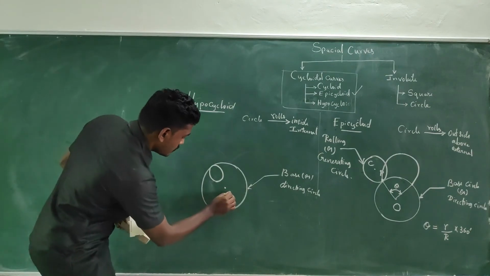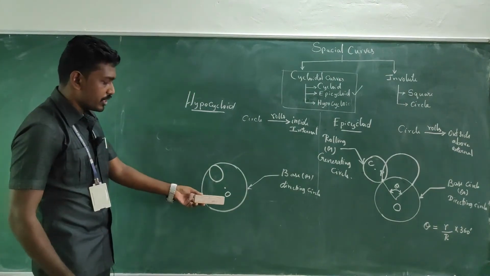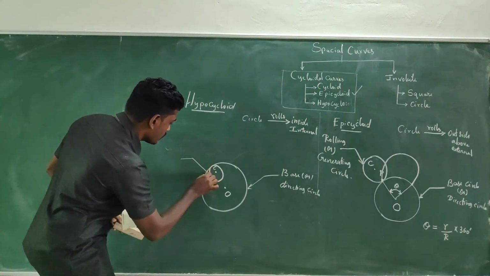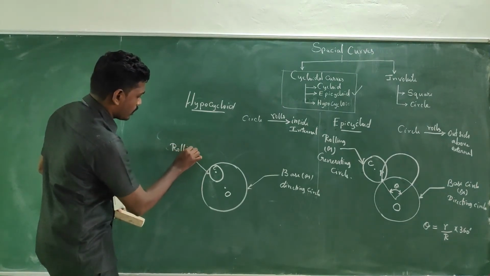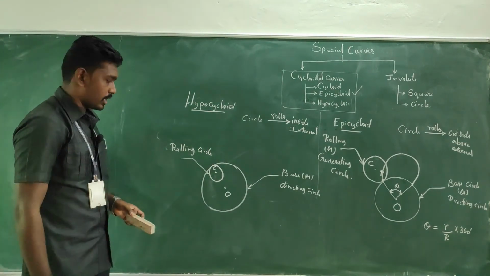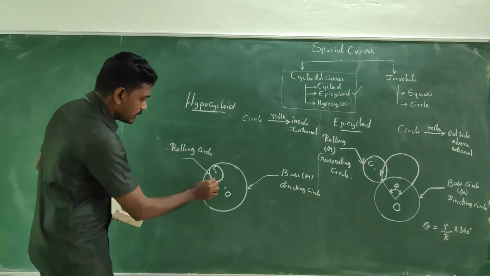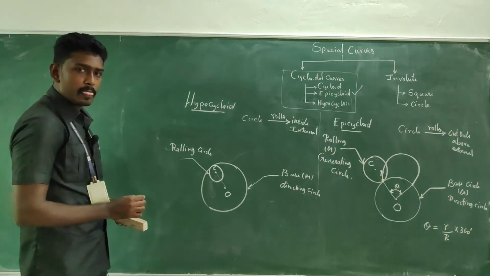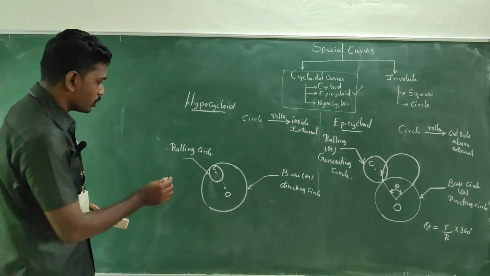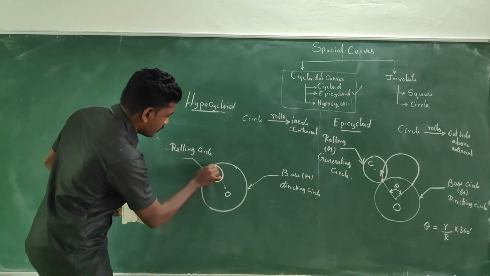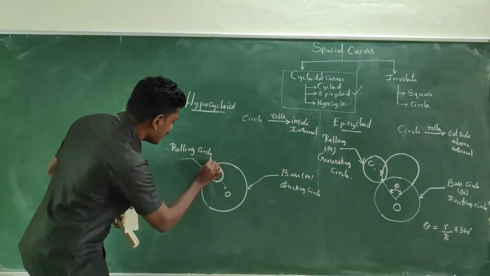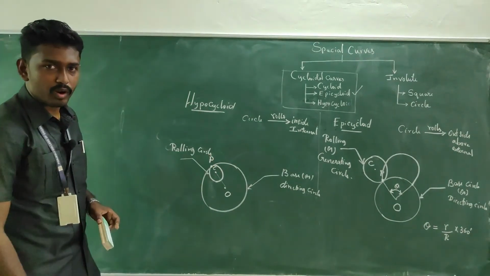This is the center of the base circle, which I am going to denote as O, and here is the center of the rolling circle, the rolling or generating circle. Okay, the same work we did for the cycloid and epicycloid, we are going to do. In this we have the contact point at the top. So this is point P on this circumference.